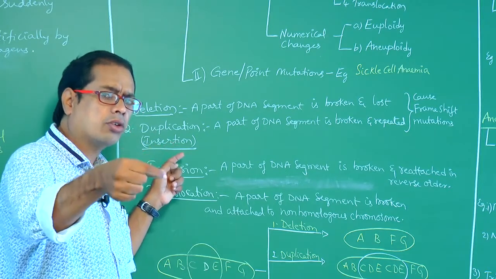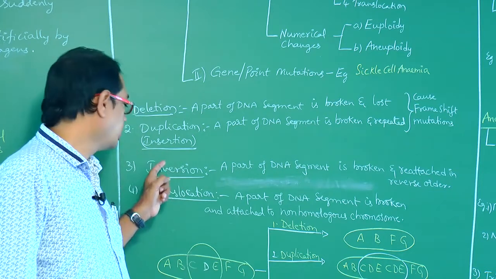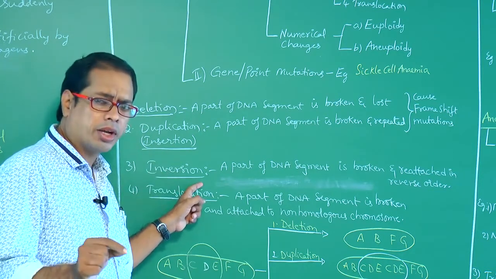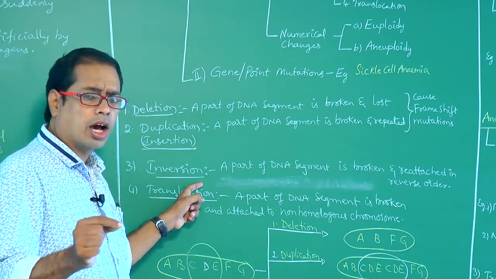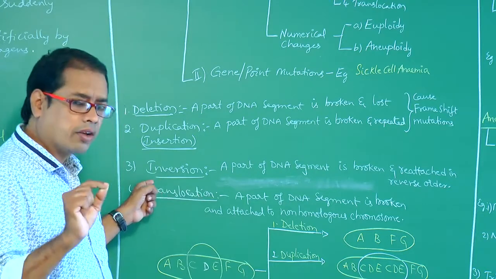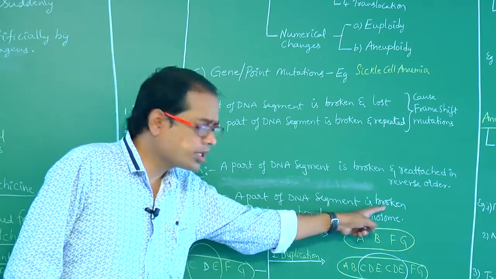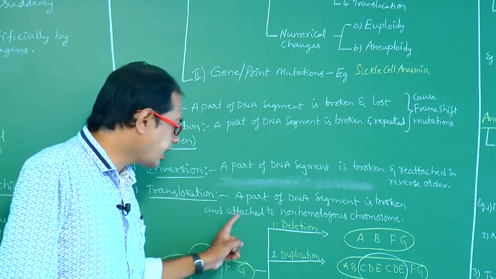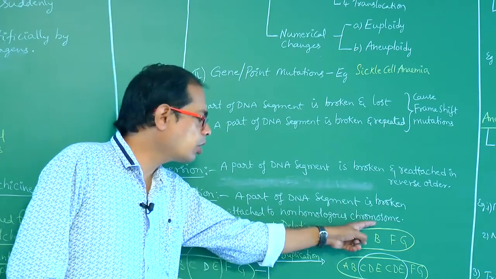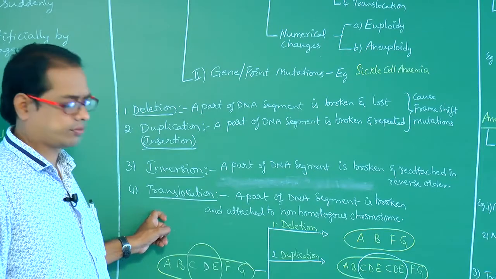If any one of the nucleotides is added, that is so called insertion. Inversion: a part of the DNA segment is broken and it is attached in the reverse order. Translocation means a part of the DNA segment is broken and attached to a non-homologous chromosome.